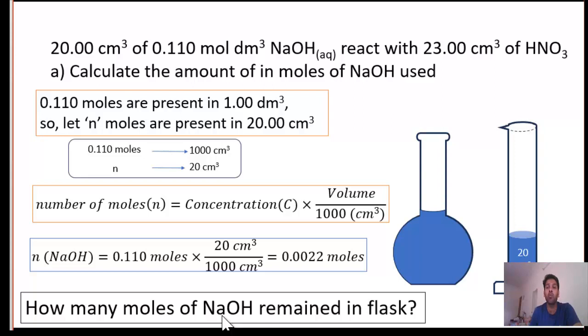So when we remove the 20 ml, it will have 0.0022 moles. So from the 0.110, we subtract 0.0022 moles, and we have the answer. It is 0.1078 moles in 980 centimeter cube.